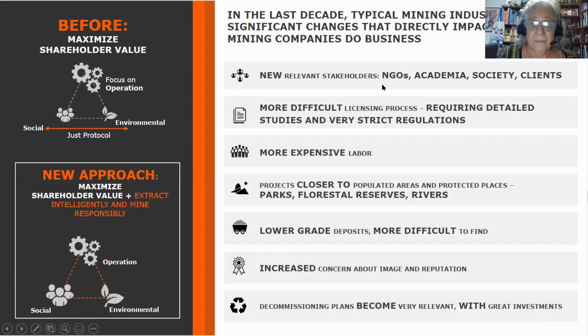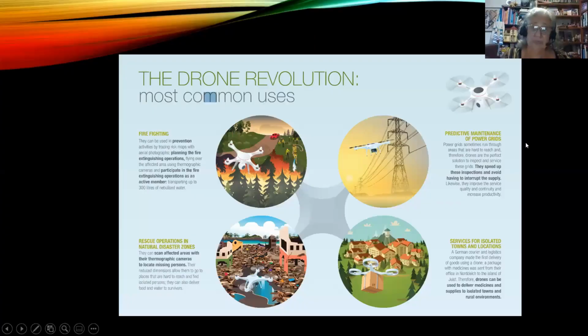We know it's very difficult to find new deposits, but we need to use all data and be responsible. The drone revolution is in reality a new way to acquire data that is being used more and more in the industry.